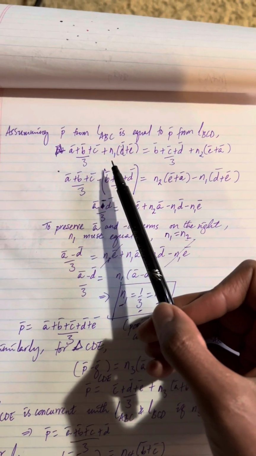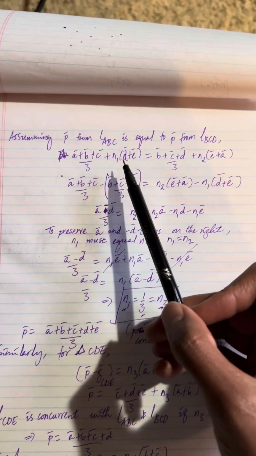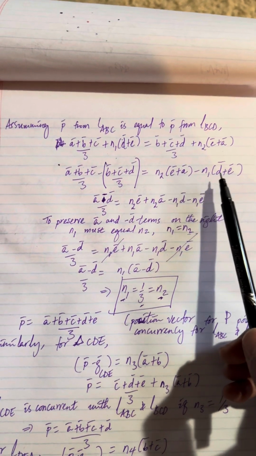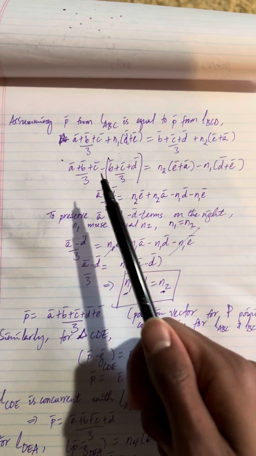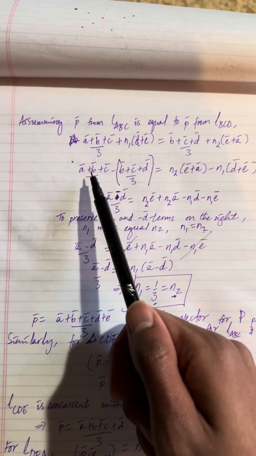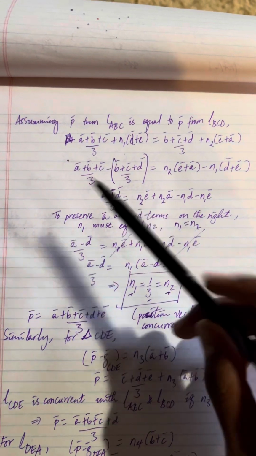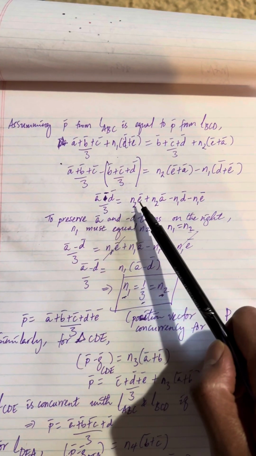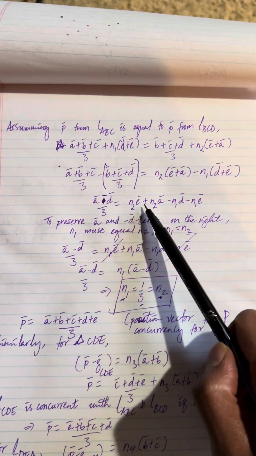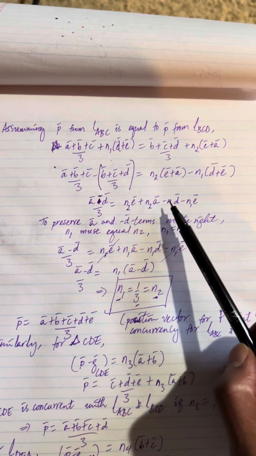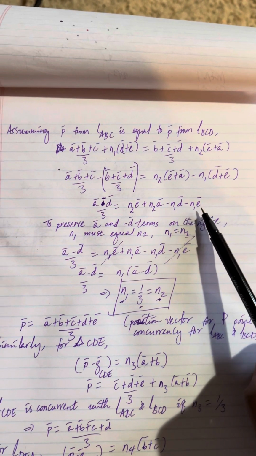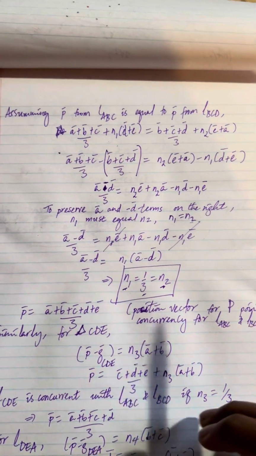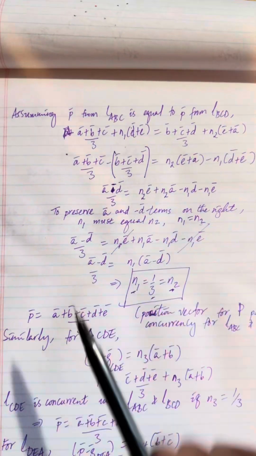And you take the n1 times D plus E term to the right, which makes it minus n1 times D plus E. And then the BC cancels the BC here because of the sign, and you end up with minus D over 3, which will have to equal n2 times E, n2 times A, minus n1 times D, minus n1 times E, if a point of concurrency was to be found for ℓABC and ℓBCD.